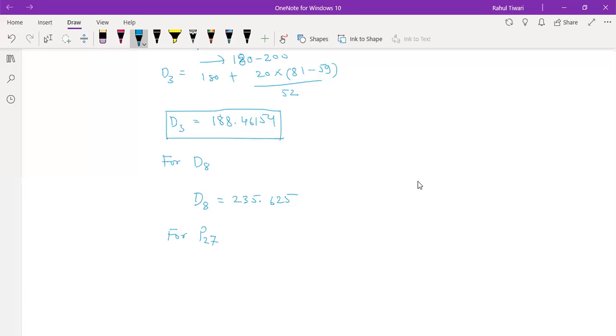So I'll just give the answer for this. If you are able to do it, you try it out. Otherwise, you might do it later on. But the calculation remains the same as you did for the quartiles. It is going to be the same for percentiles, deciles, and so on. So for this, you need to calculate 27 into n by 100.